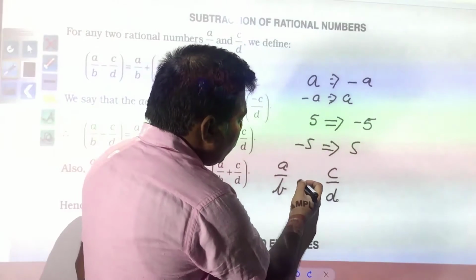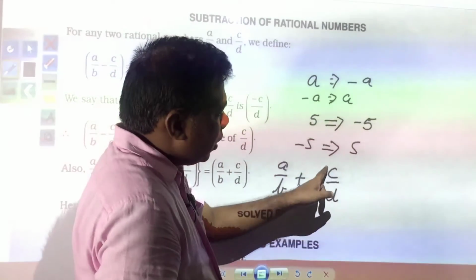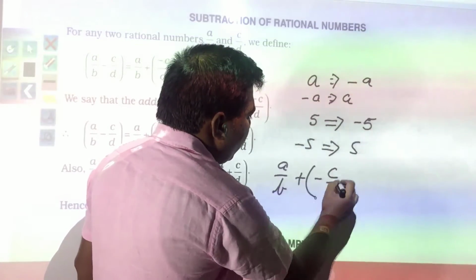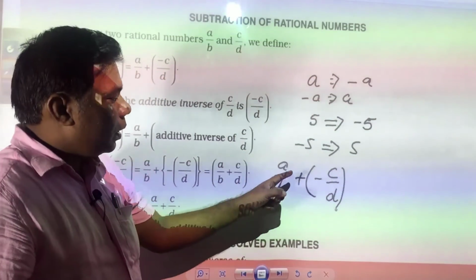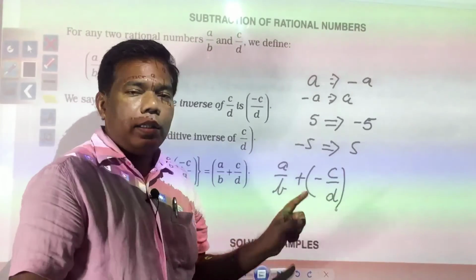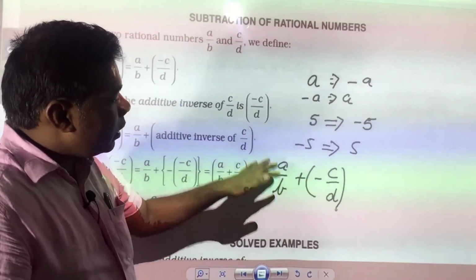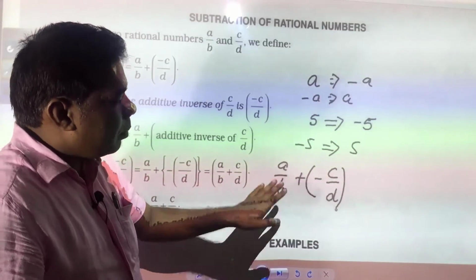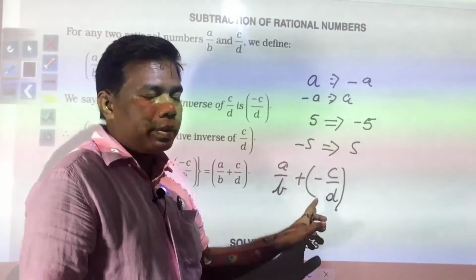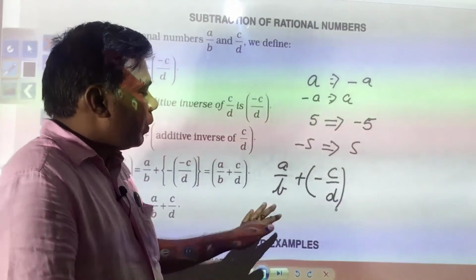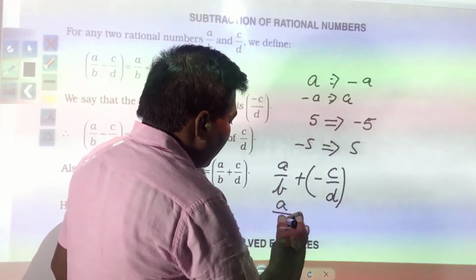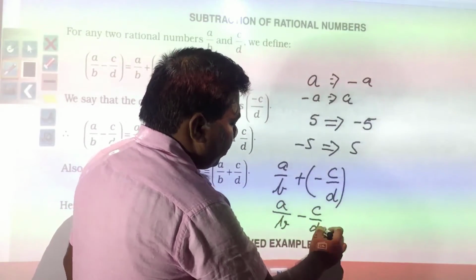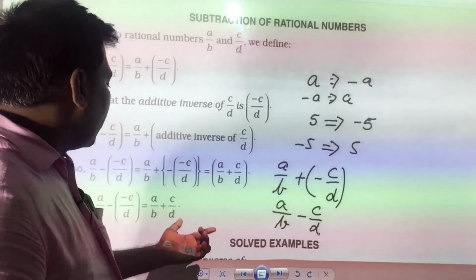We need to add the additive inverse of c by d. So, we can write a by b plus minus c by d. It means we are adding a by b with the additive inverse of c by d. But finally, what we are doing? We are subtracting c by d from a by b. These things you need to understand.